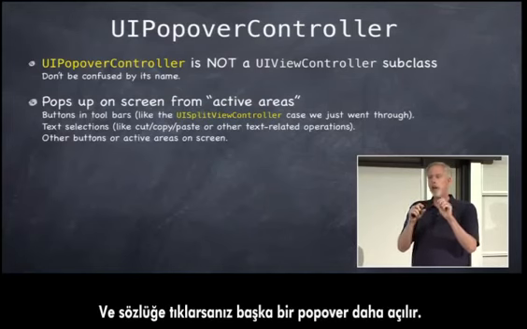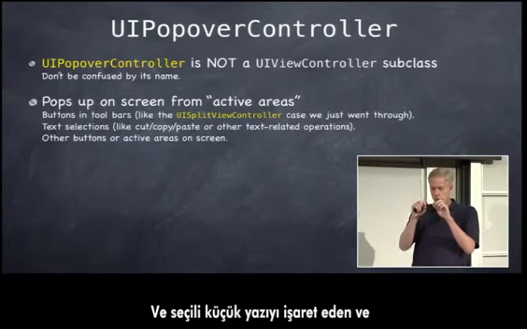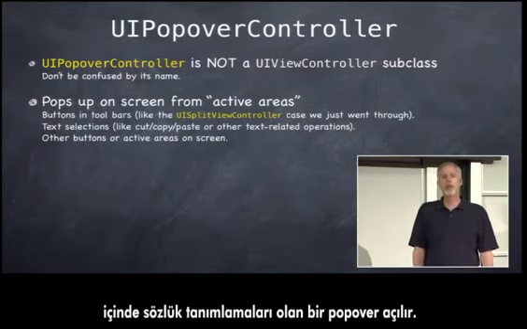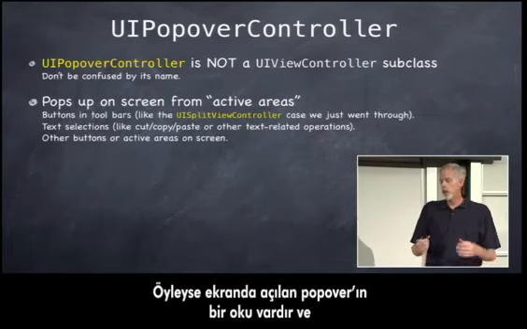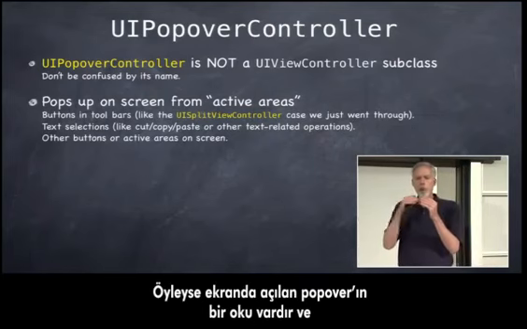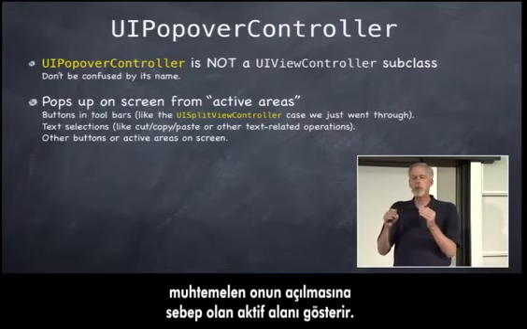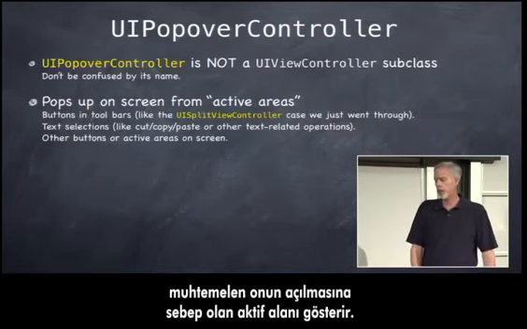And if you click dictionary, it'll bring another popover up, and it'll point to the little selected piece of text with the dictionary definition inside the popover, okay, which is kind of cool. So the popover pops up on screen, and it points. It has an arrow, which we'll see in a second. It points at some active area, presumably the area that caused it to appear on screen.